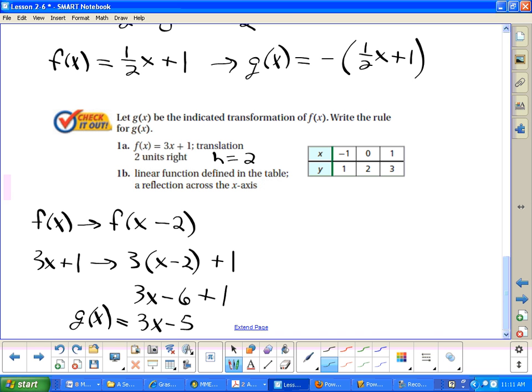So once again, we're making the y's the opposite. So we have -1, -2, and -3 here. So g of x would equal, our y-intercept is -2. And our slope in this case, as y goes down by 1, x is going up by 1, so that would just make it -x minus 2.